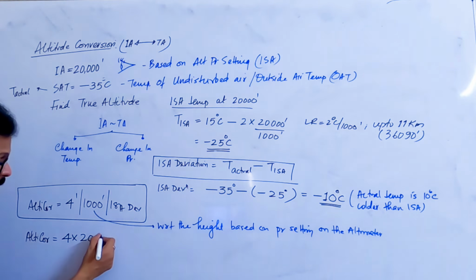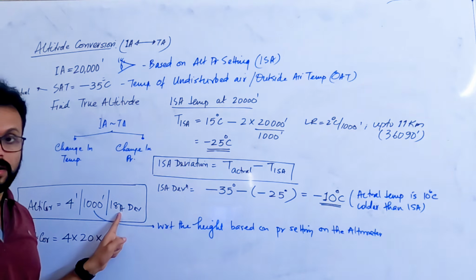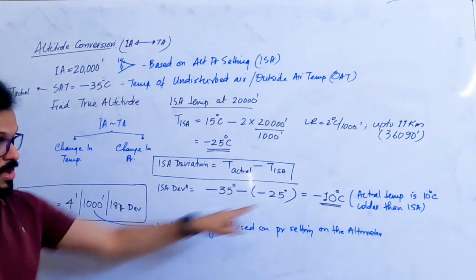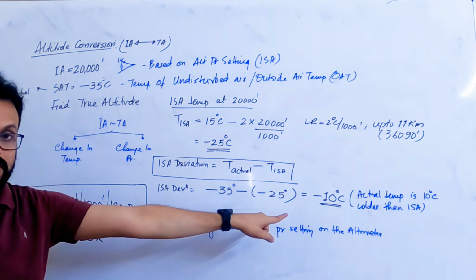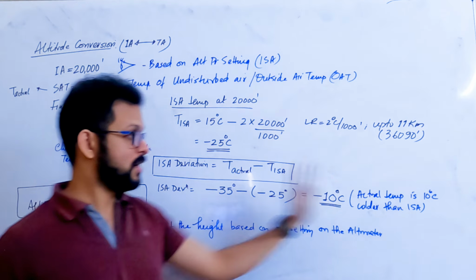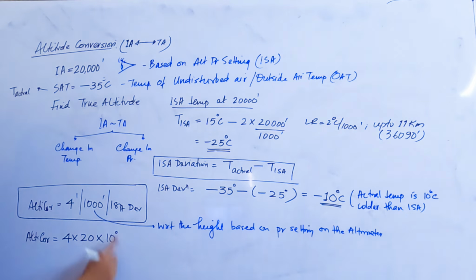Right? This 80 feet is for 1 degree Celsius of ISA deviation. We have 10 degrees Celsius of ISA deviation. As far as deviation is concerned, the negative value is not a concern for us. So here this is for every degree Celsius of ISA deviation. For 10 degrees Celsius it is going to be into 10.